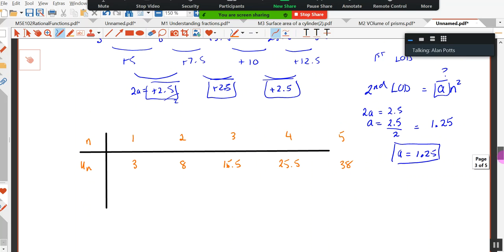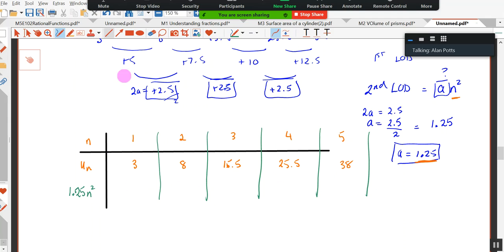Well, what I've done is I've figured out that so far I know it's 1.25 n squared. So that's my starting point. So now I need to figure out what numbers I am currently at. I've got to figure out what 1.25 n squared is.